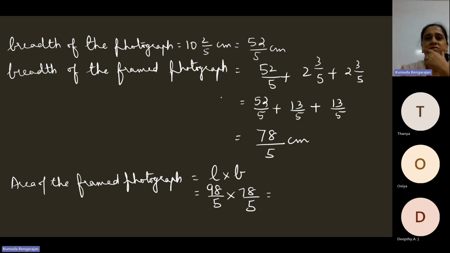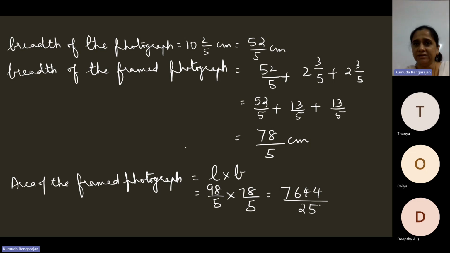Yeah, what's 98 and 78? 98 into 78, 7644. 7644 divided by 25. 5 into 5, 25.